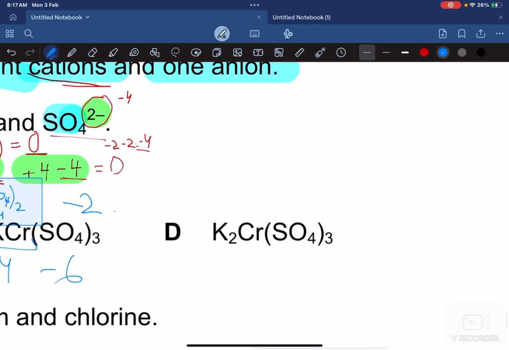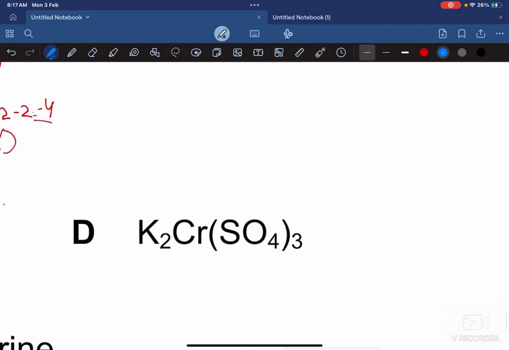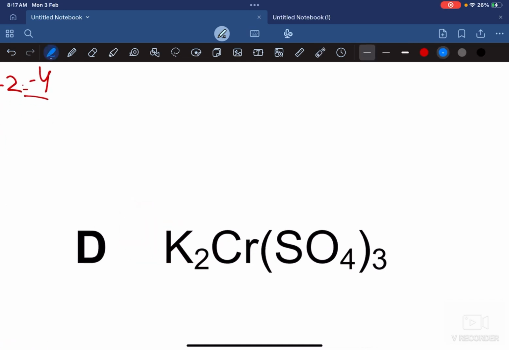Now let's check out this one. This one seems a bit more tricky because instead of 1 potassium earlier, now we have 2 potassiums. What we used to do earlier, we're going to do the same thing. 1 potassium has a charge of +1, and now we have 2 potassium, so the combined charge will be +2.